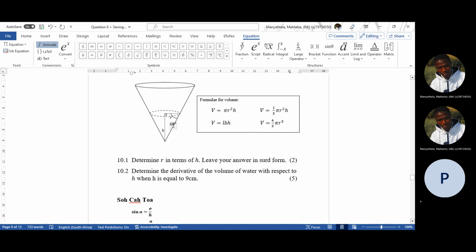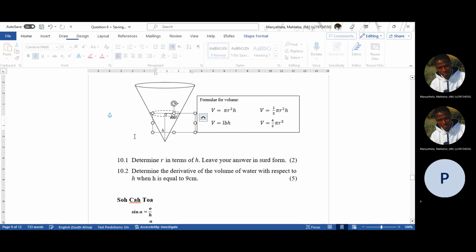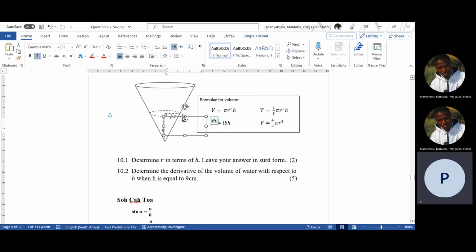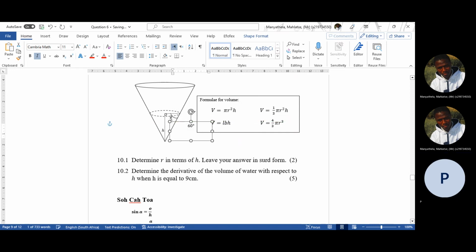So the angle that we are given, it's here, which is 60 degrees.